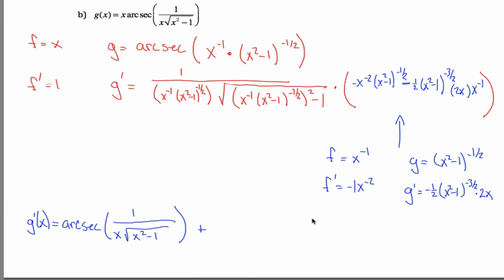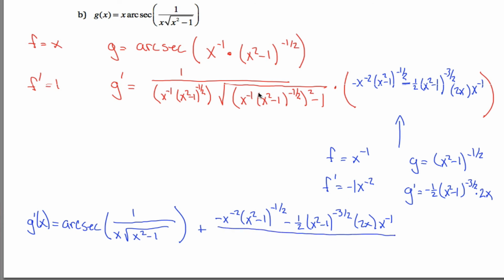To try to save room, this times this, I can take all this stuff and put it up on top. It'll look weird to have negative exponents on the top of the fraction. That's okay. Not too concerned with stuff looking weird as long as you got something that's equivalent to the right answer. Divided by this stuff here.